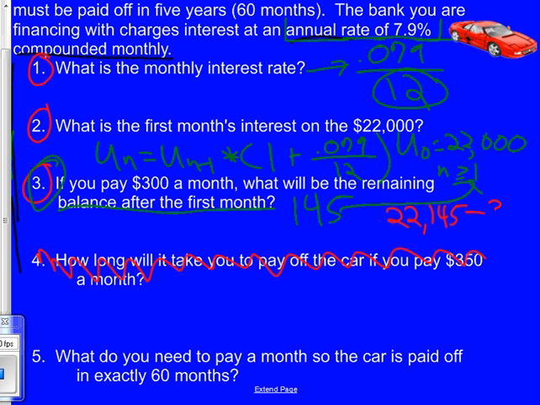So all we're doing is taking off $300 from that to get the new balance. If you were to put this into your equation, it would just go right here, minus 300. But since it wasn't telling us what that first month's payment was, that's why I didn't put it into that equation first. Does that make sense? Yep. Thank you.